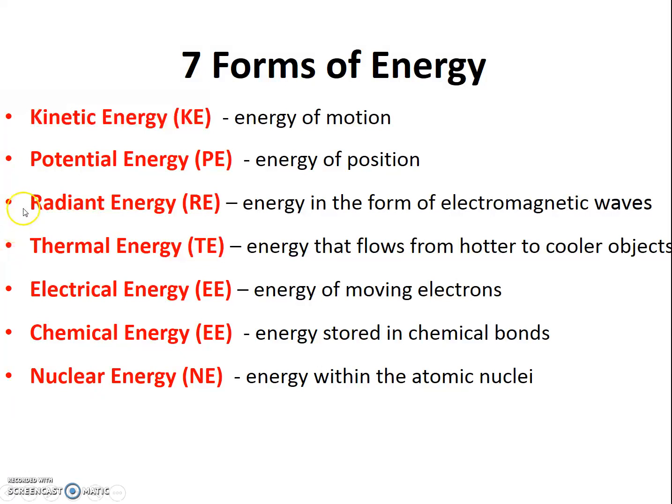Consider a light bulb. It's giving off radiant energy. And if you happen to still use really inefficient incandescent bulbs, they give off a lot of thermal energy as well. The sun also gives off radiant and thermal energy. The food that we eat is in the form of chemical energy, and our bodies break those chemical bonds.